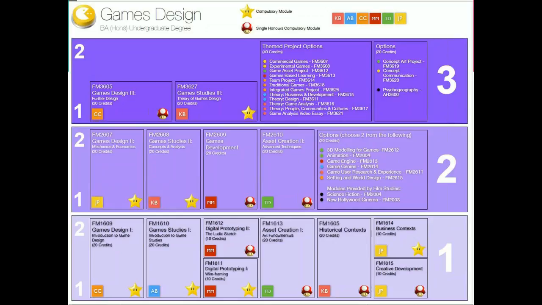So we start off with the basics of game design, and then you have something called Game Studies 1, Introduction to Game Studies, which is what I teach. So in addition to learning the fundamental design behind games, you will also learn what has been written about games.